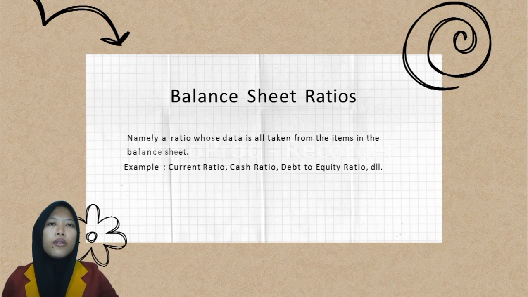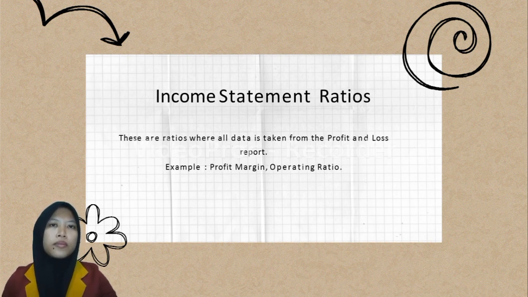Next, balance sheet ratios. Namely, ratios where data is all taken from the items in the balance sheet. Example, current ratio, cash ratio, debt to equity ratio. Income statement ratios. There are ratios where all data is taken from the profit and loss report.